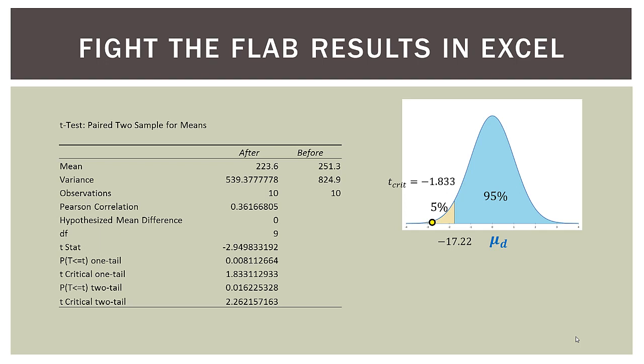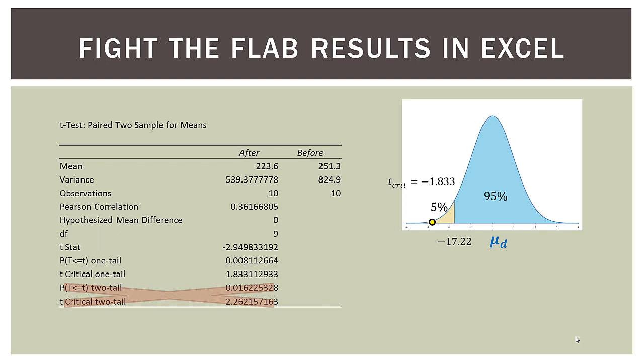Before the diet, it was 251.3 pounds. Of course, then we have our variance and our number of observations, etc. Then remember in Excel, we set the hypothesized mean difference. Again, in this case, our hypothesized mean difference was 0. Then you can see DF. Well, that is our degrees of freedom. Again, it was n minus 1, which is 10 minus 1, which is 9.